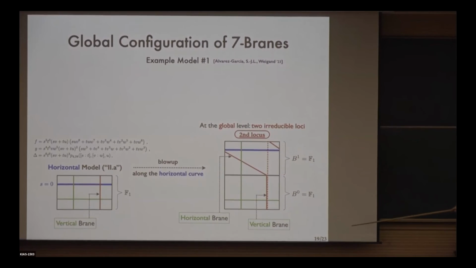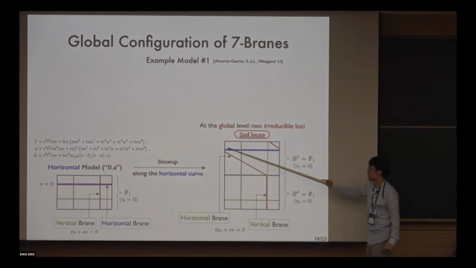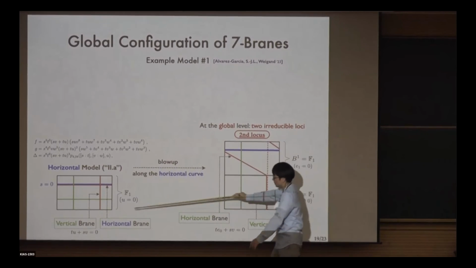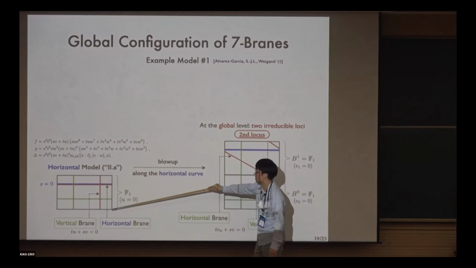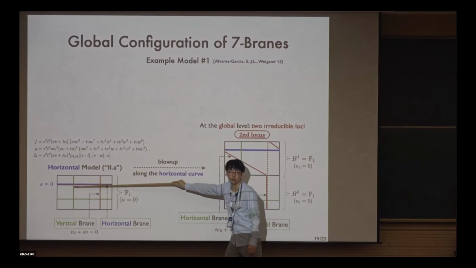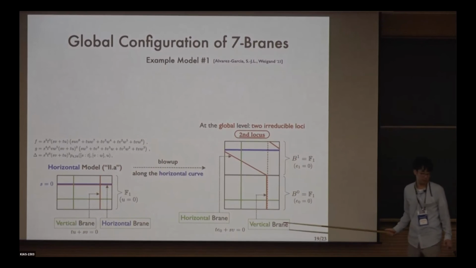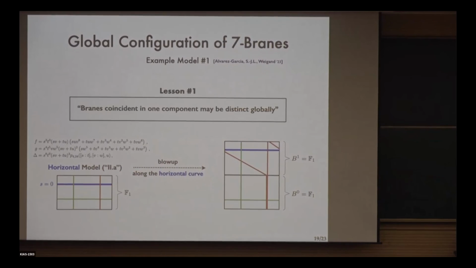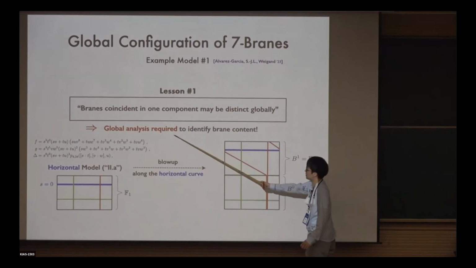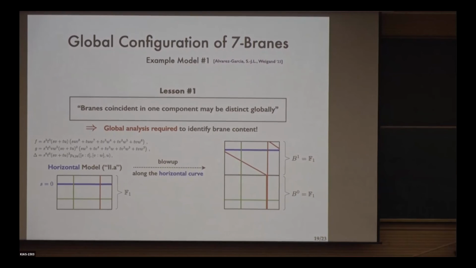It just turns out as such in this example, and this is a bit confusing. However, what happens here is that this vertical brane is actually a combination of this and part of this non-minimal horizontal stack, so that after the elongation, it can also stretch horizontally. But in any case, these are perhaps details. The lesson we can draw from this example is that branes coincident in one component after the elongation may actually be distinct globally. So we are led to perform some global analysis to be able to properly identify the brane content.